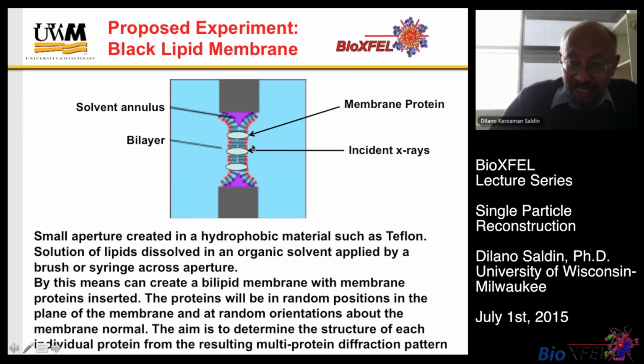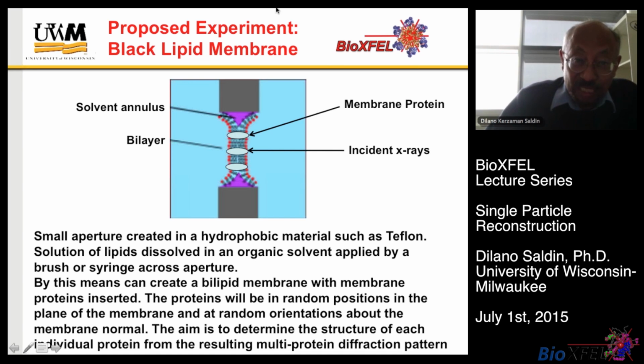Now, in general, even with the XFEL, it's not possible to focus these X-rays down to the level of an individual protein. So you will be hitting multiple proteins here. Now, the multiple proteins differ in orientations about the normal to the membrane by random angles.